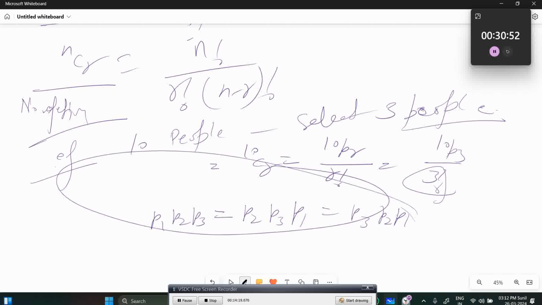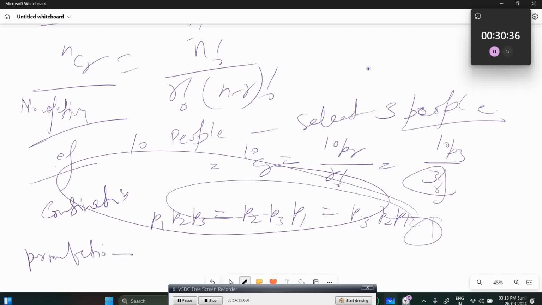That is combination. But in permutation, order matters, and P1, P2, P3 does not equal P2, P3, P1.